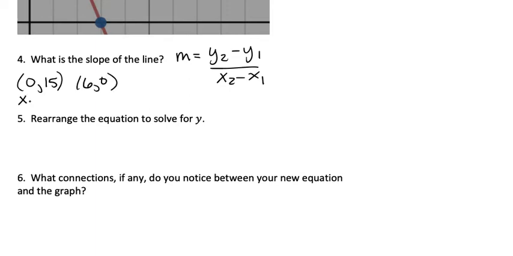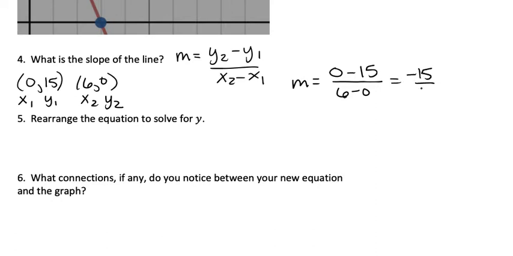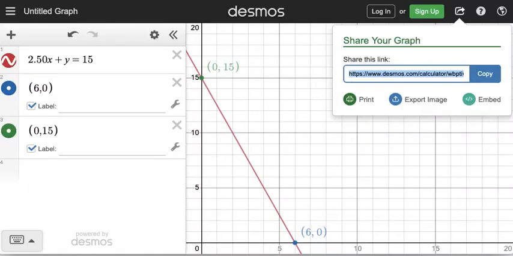So if we label these points as x1, y1 and x2, y2, and then plug into the slope formula, we get 0 minus 15 over 6 minus 0, which is negative 15 over 6, which we can simplify to negative 5 over 2 if we want to keep it as a fraction, or negative 2.5 if we want to write it as a decimal. Note that the line is going downward in the graph, and so we would expect that our slope would be negative. And in fact, that is what we found.